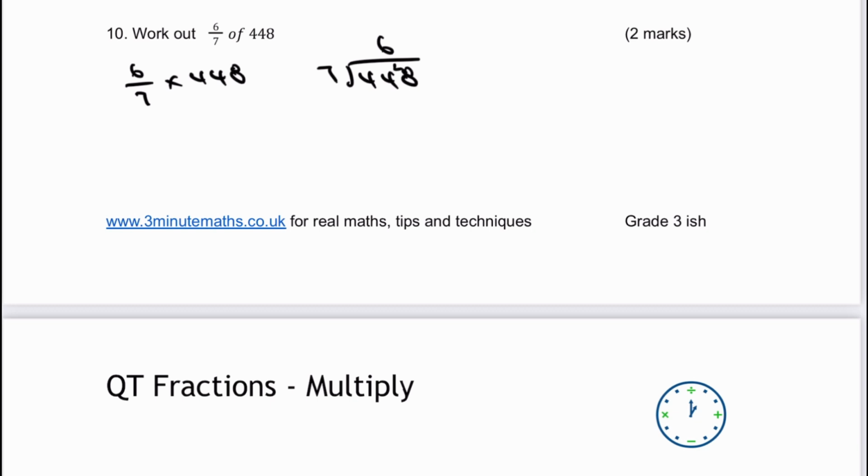I've got 2 left over, that gives me 4. Okay, and that would give me effectively 1/7 of 448 is going to be 64. I actually want 6/7, so I'm going to do 64 multiplied by 6, and that's going to give me 384, which is my final answer to this particular question.